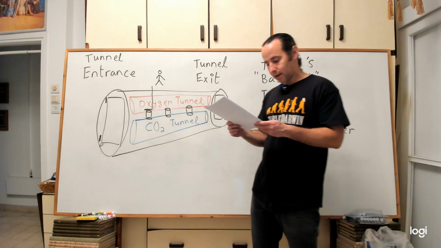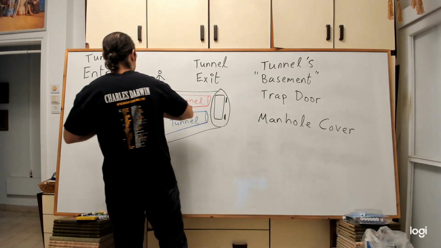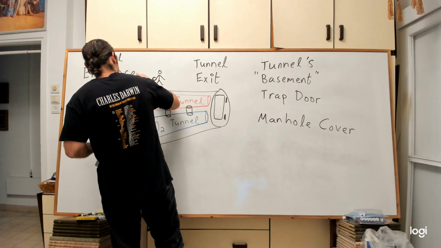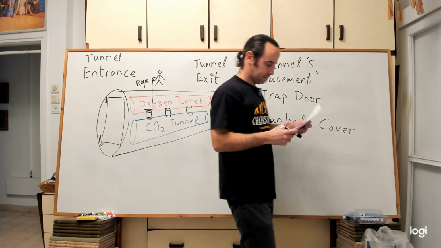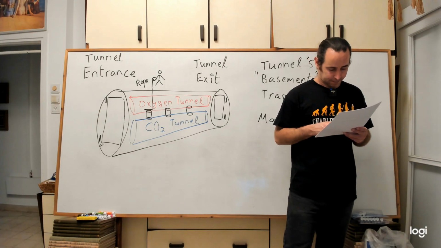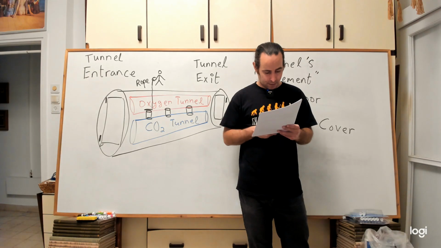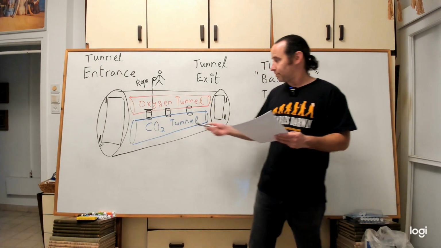We can tie a rope. This is the rope. We can tie a rope to each door, which we can pull from the surface.